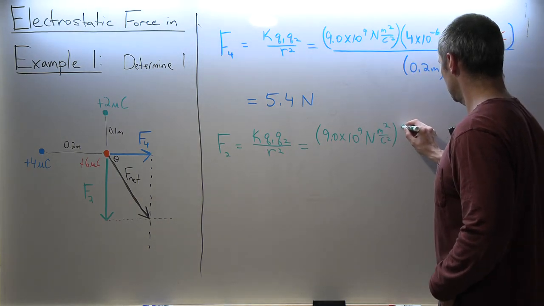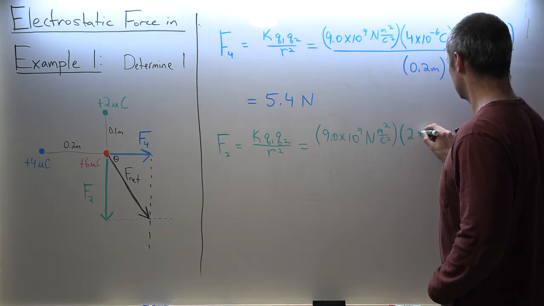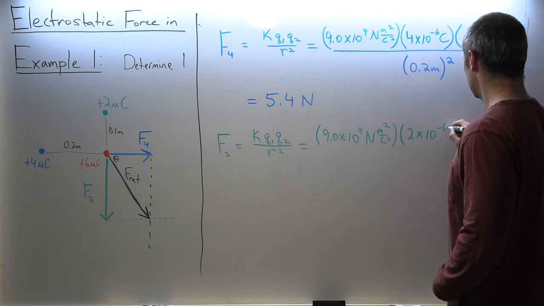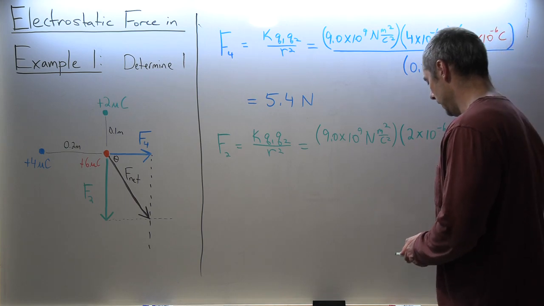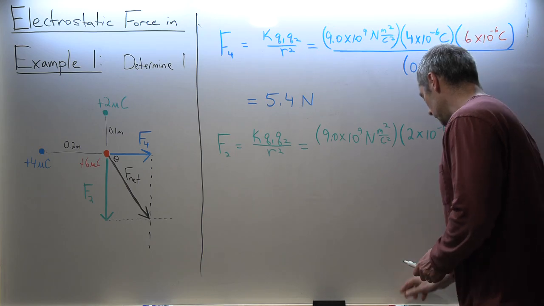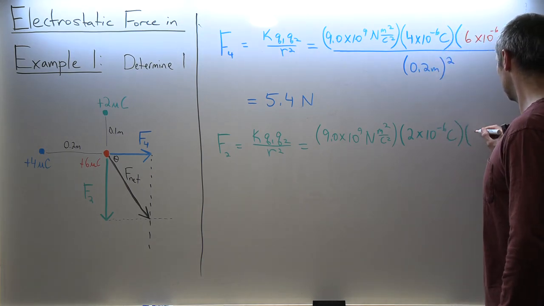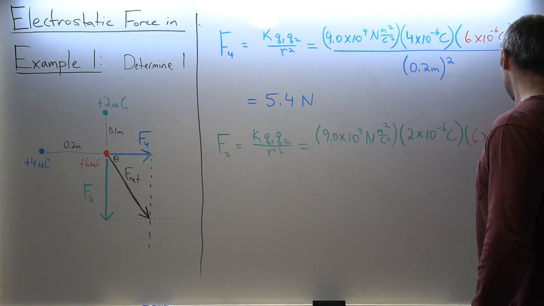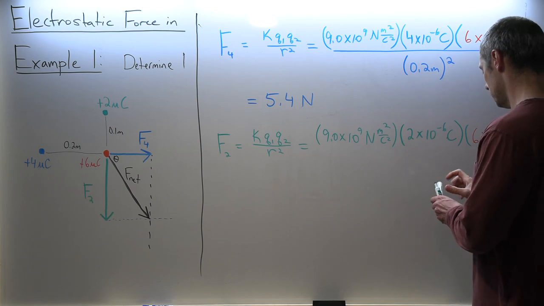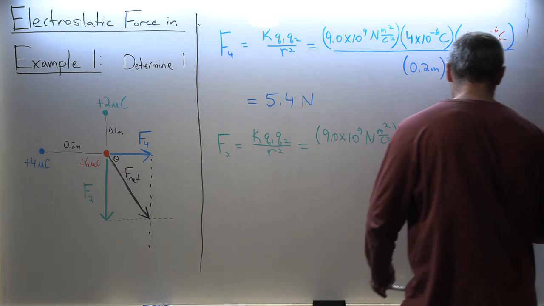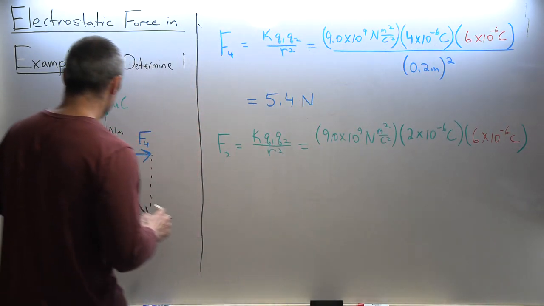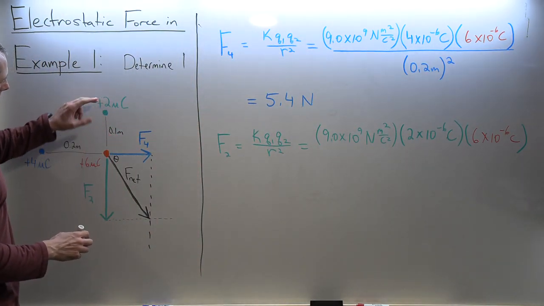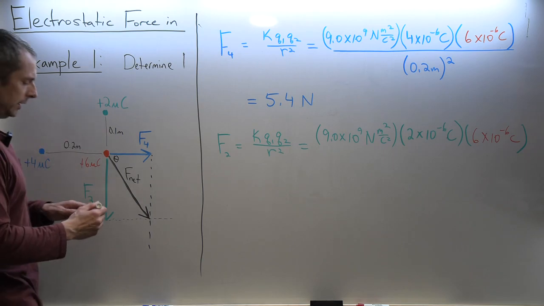And 2 microcoulombs. And 6 microcoulombs. And the distance between those two charges, the 2 and the 6, is 0.1 meters.